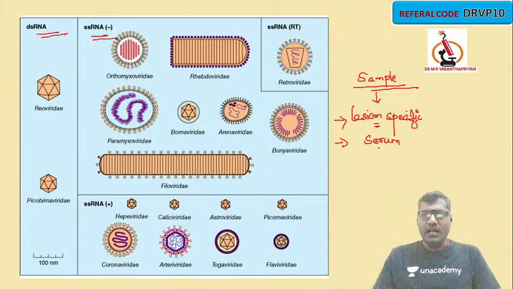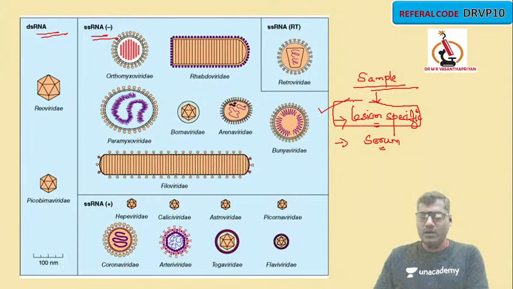Sometimes we also use the serum sample for demonstrating the viral particle and also the antibody, mainly taken for serological examinations, not mainly for microscopic studies. For microscopic studies we mainly require lesion specific samples.